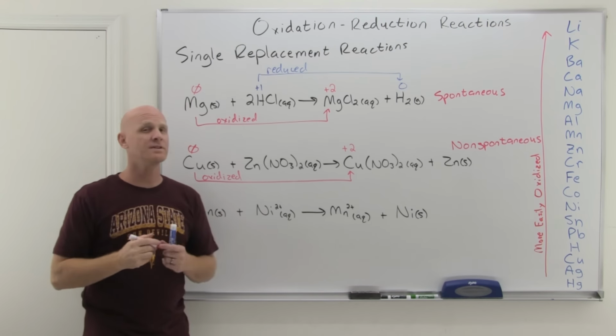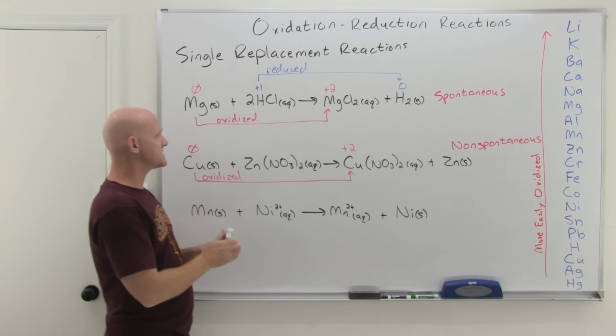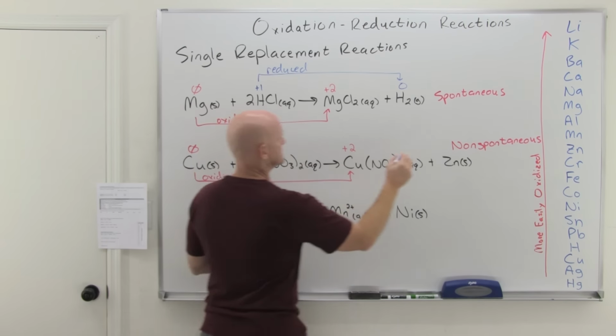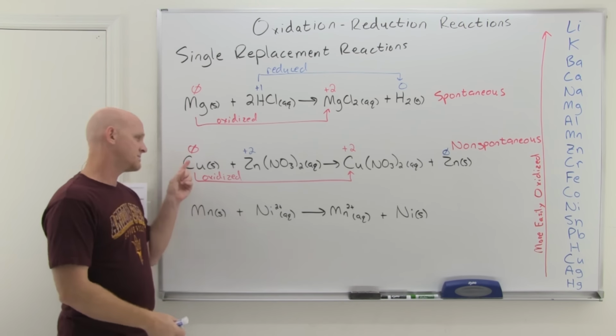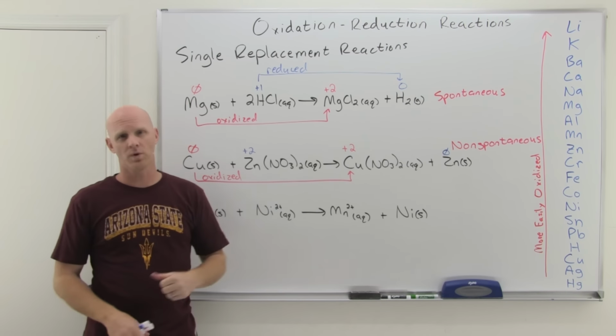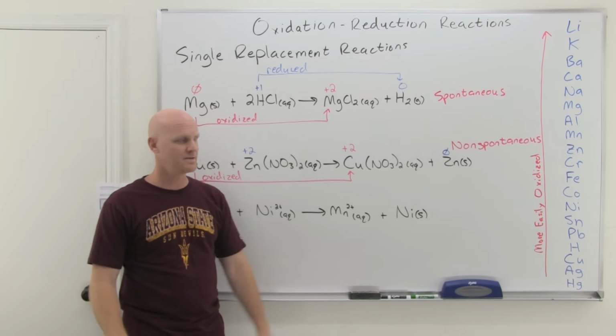And so it's got to be higher on the list than the species getting reduced for this to happen. And it's zinc going from +2 to 0. That's obvious reduction. And once again, the species that's getting oxidized is not the one that's more easily oxidized, and that's why this reaction is non-spontaneous, why it's not going to happen.